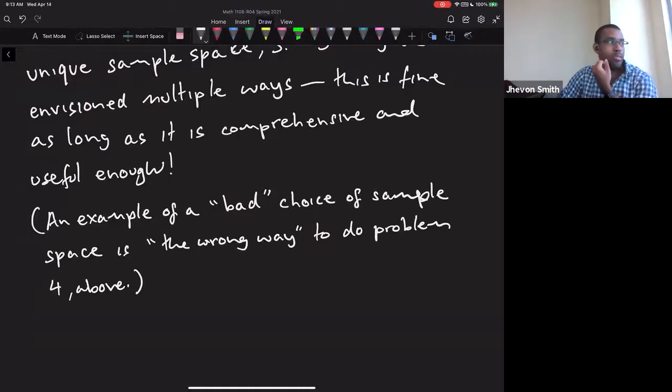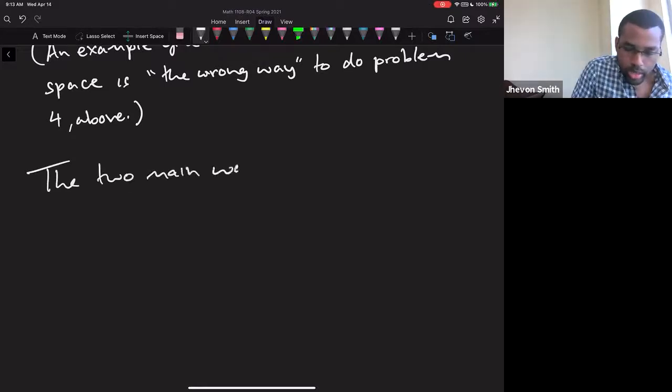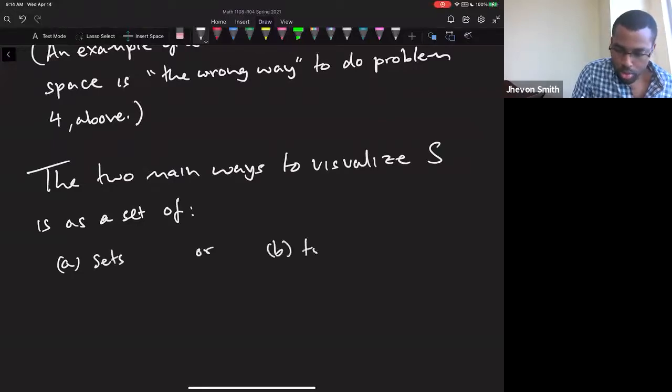So once you have a way to visualize your sample space, I would probably mention that the two main ways to visualize S is as a set of sets or tuples.